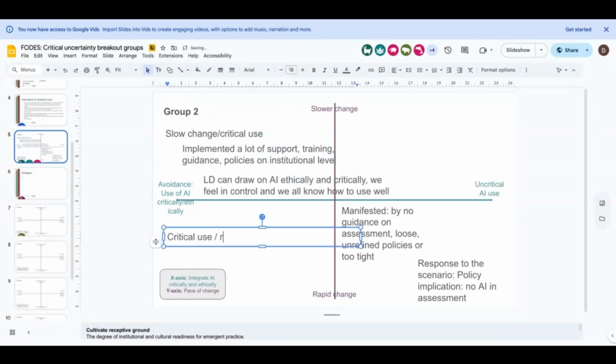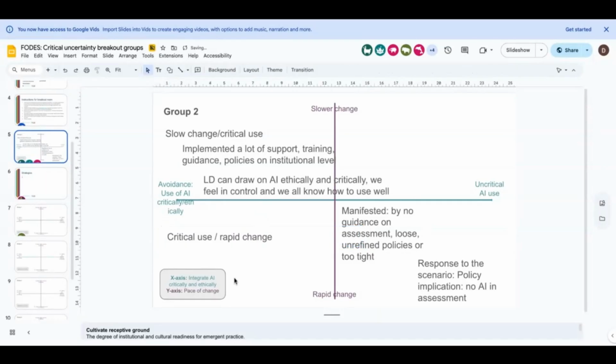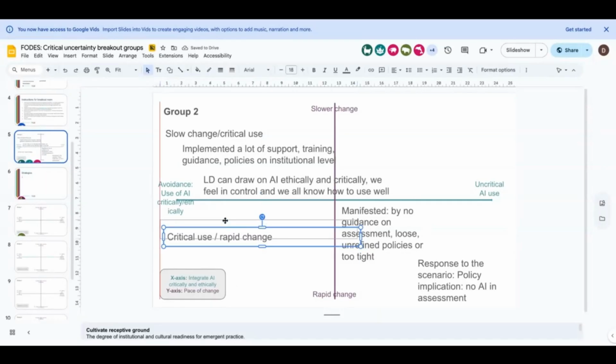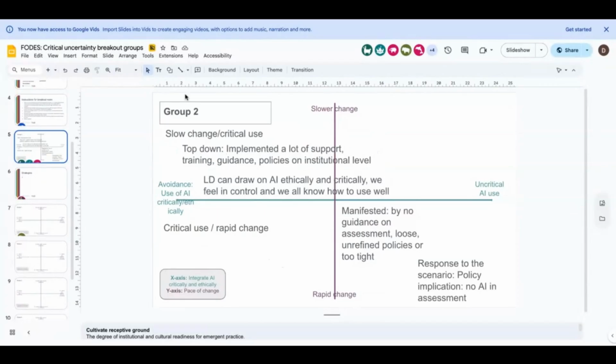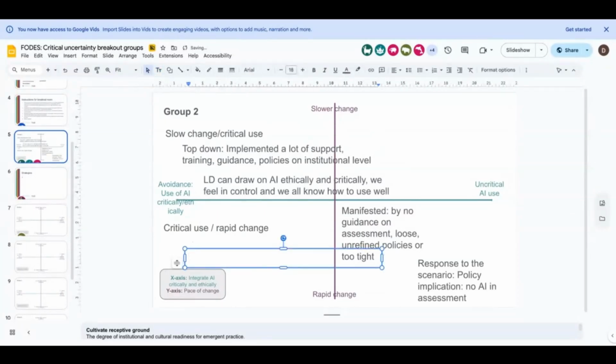So that would mean a much more, so this could be quite top down. Yeah, this is possibly quite top down. Yeah, because if it's slow change, institutions have a chance to respond. Critical use, rapid change, I assume the scenario would be a lot more like bottom up.